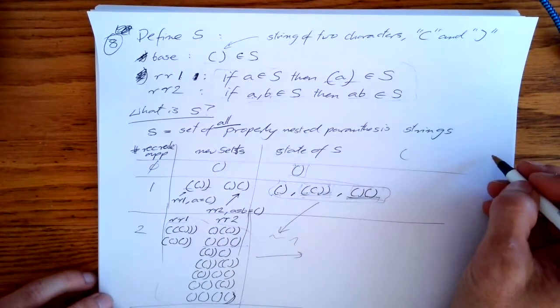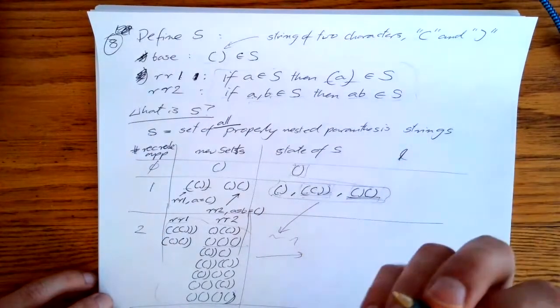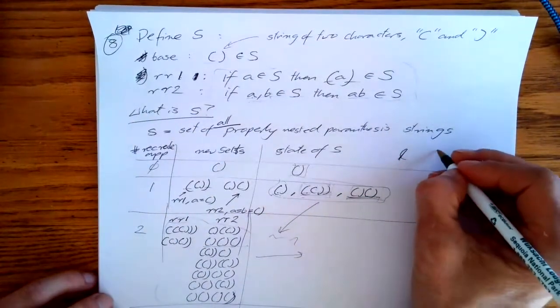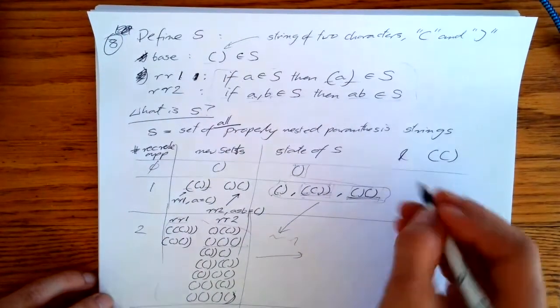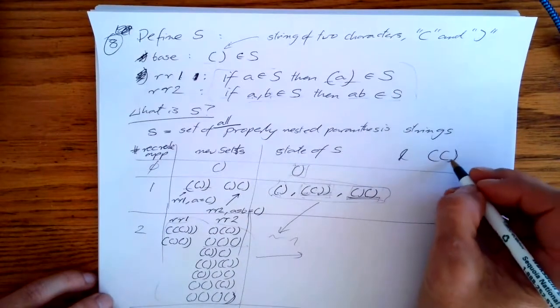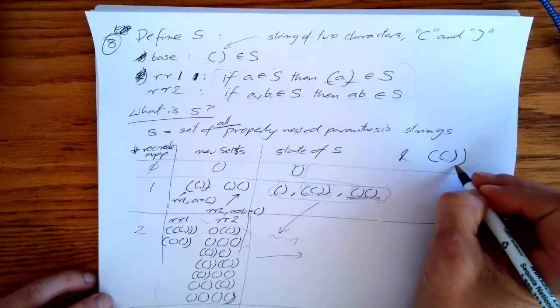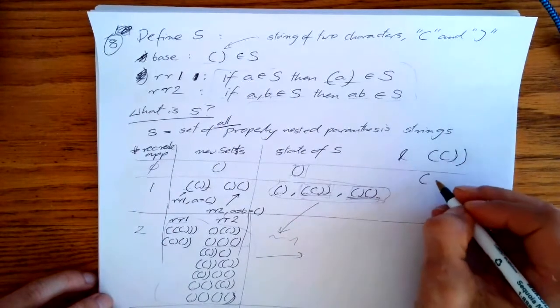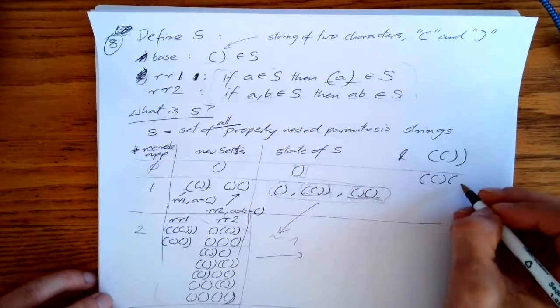Here is something not in the set: open, close, and that's it. It's not properly nested. I opened, and inside of it I opened and closed, but then I didn't close. Now this is properly nested, but perhaps I opened, closed, and then opened again.